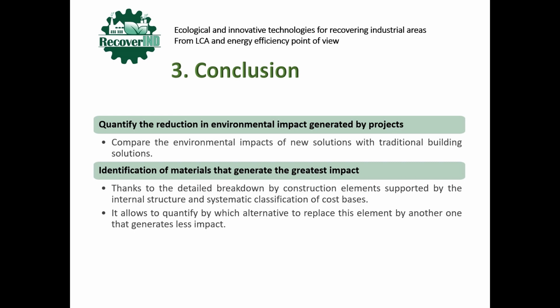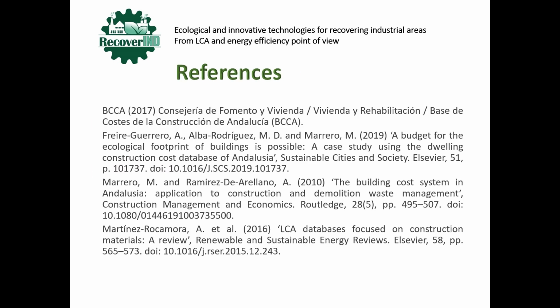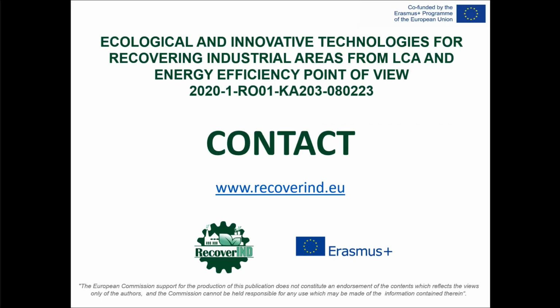And then thanks to this detailed breakdown of construction elements and this internal structure and systematic classification, we can take into consideration every single element that is part of the project. And it allows us to quantify the other alternatives and how those can reduce the impact.